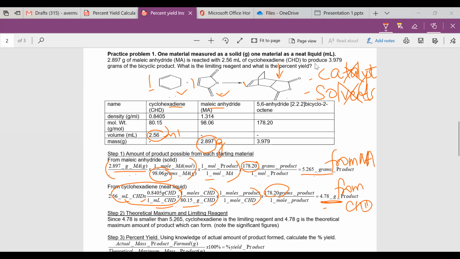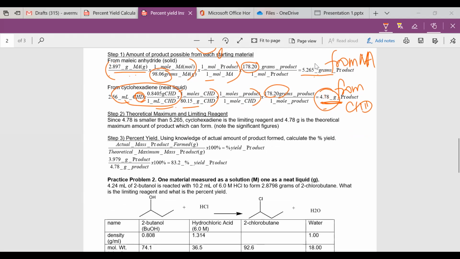Out of these two, who is going to be your limiting reagent? And this is your theoretical maximum value. So CHD or cyclohexadiene is going to be your limiting reagent. Once you have figured out your limiting reagent, and this is done on paper, in the lab, you will actually get some material in your hand that you collect on your vial or on your weighing paper or on your watch glass.